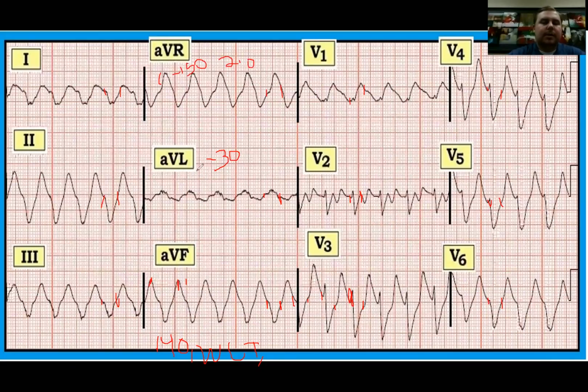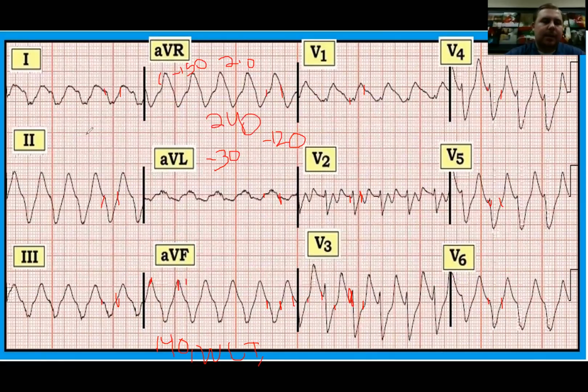So it's going to be 90 degrees off of -30, so -30 minus 90 to get off of it would be -120, or positive 240. Yep. So that's in the extreme right axis deviation.